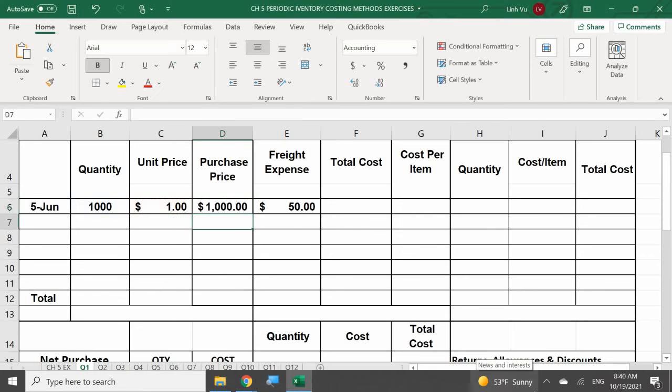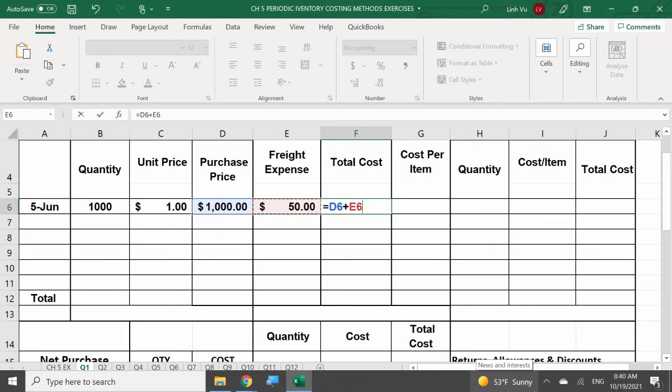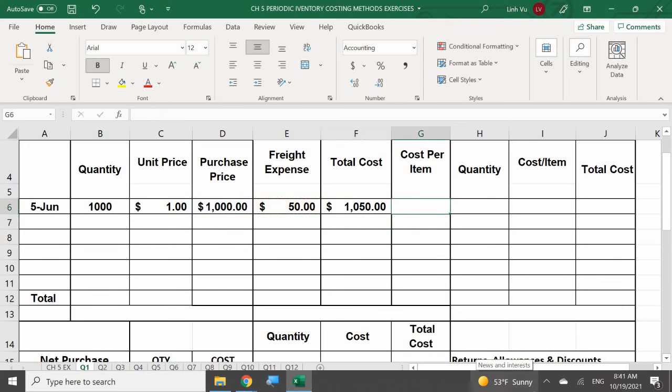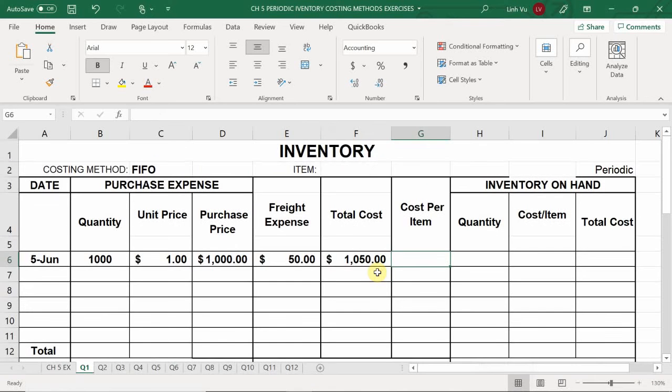It's 1,000. Okay, plus 50 gives us a total cost of 1,050. Okay, and since we are using FIFO, what's my cost per item? It'd be $1.05.